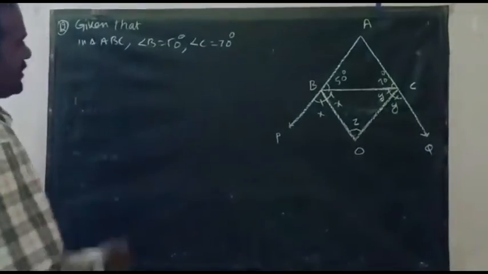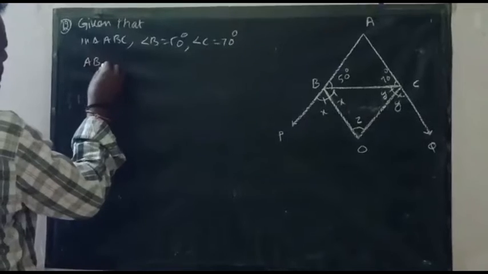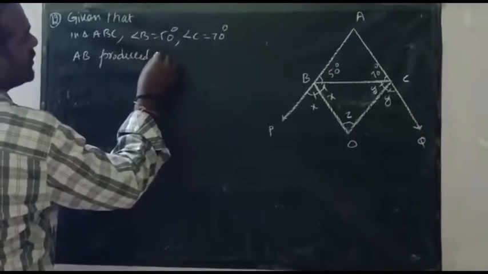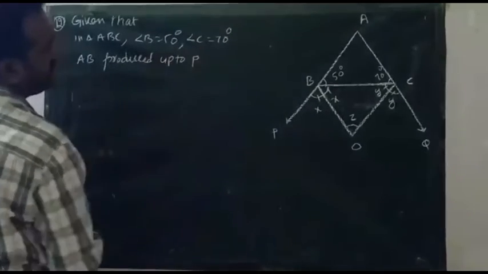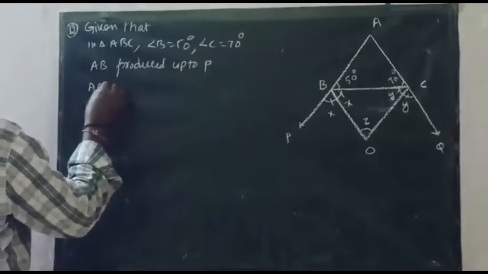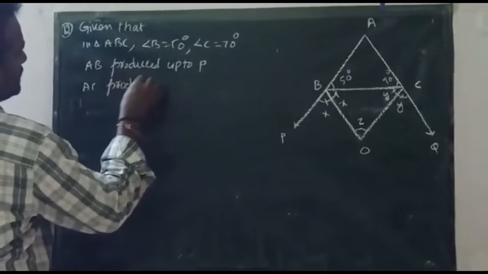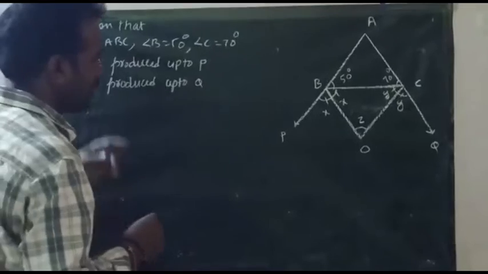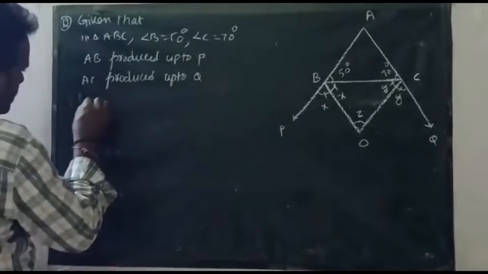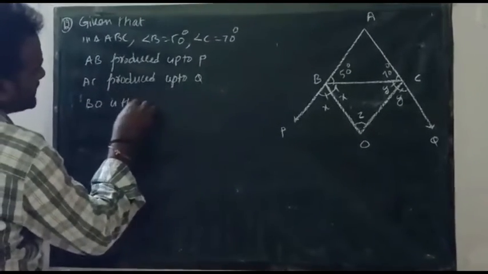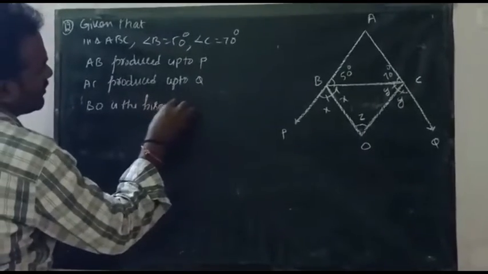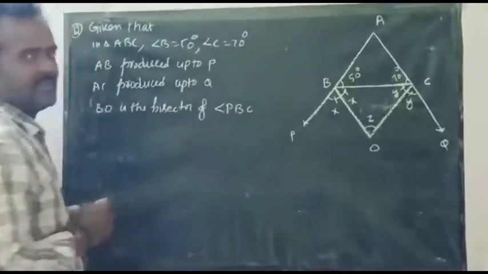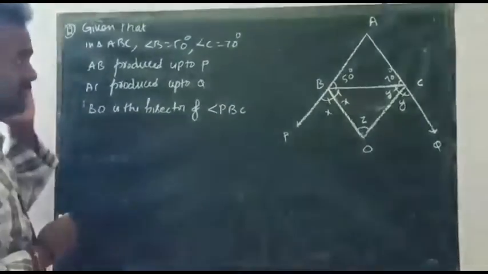AB produced up to P. Next, AC produced up to Q. Next, BO is the bisector of angle PBC.